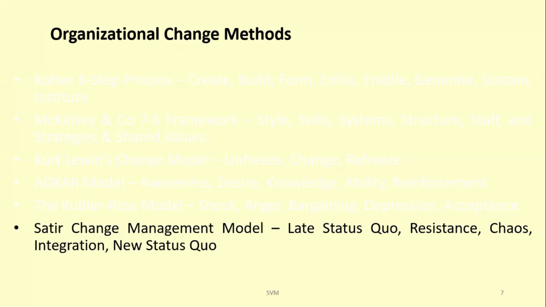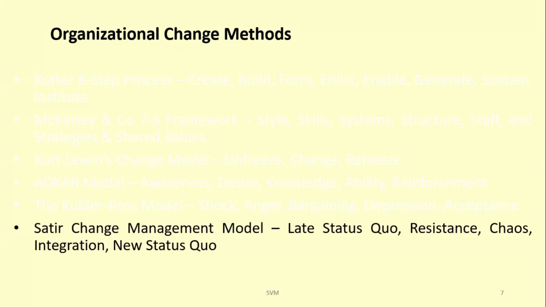Next is integration, meaning you try to reorient yourself, with new perspective and understanding, beginning to adapt to changes. Then finally, new status quo, meaning accept and be comfortable with the new situation, new norms and patterns are established.